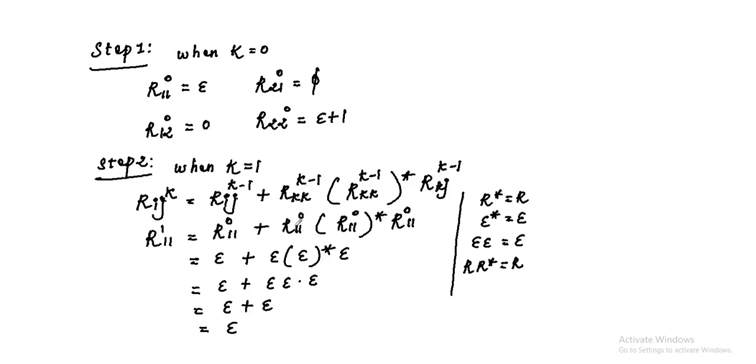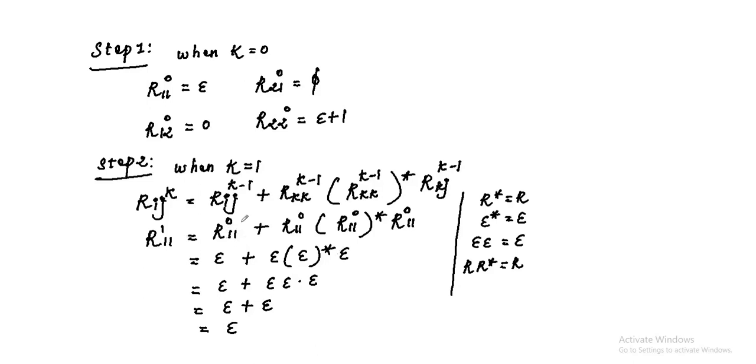Into R base kk: k value is 1, so 1, 1 raised to the power k minus 1, that is 0, whole star. Next Rkj. K value is 1 and j value is 1, because R11 means the first is the i value and then the j value. So R base k, j would be 1, 1 raised to the power 0.